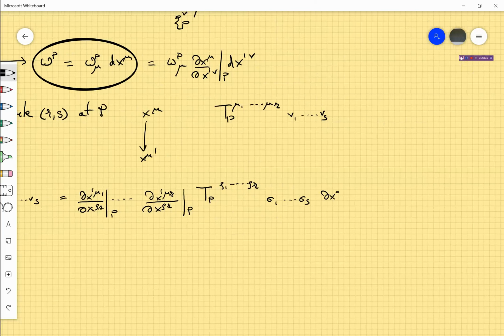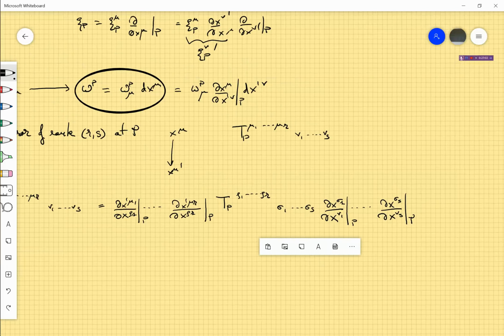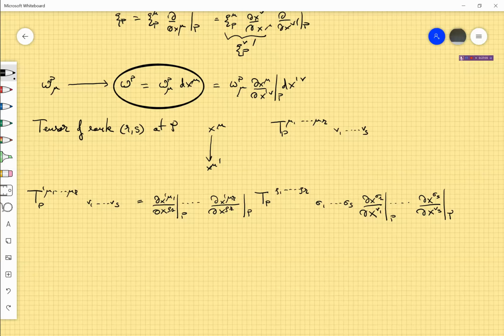So it is dx sigma 1, originally it was nu 1, evaluated at p, and dx sigma s over dx nu s evaluated at p. So this would be the general transformation law of a rank r, s tensor at the point p. Rank r, s, or r times contravariant and s times covariant.